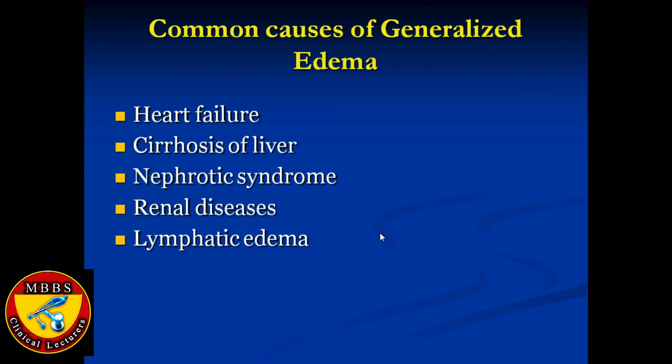The common causes which lead to generalized edema may be heart failure with increased hydrostatic pressure as the main component, cirrhotic liver with decreased formation of proteins and hence decreased plasma colloid osmotic pressure, nephrotic syndrome with increased loss of proteins leading again to decreased colloid osmotic pressure, renal diseases where there is mostly retention of salt with accompanied water, and this excessive salt and water retention may contribute to the excessive accumulation of fluid in the interstitial spaces.